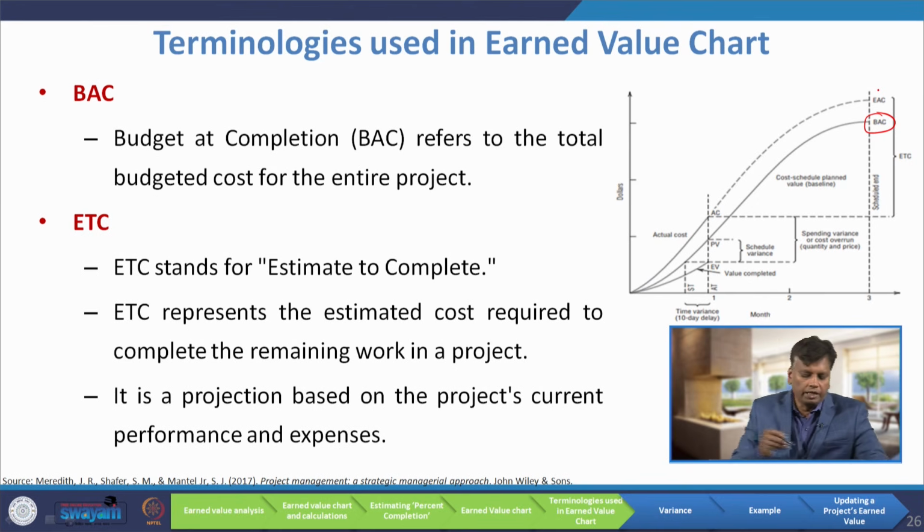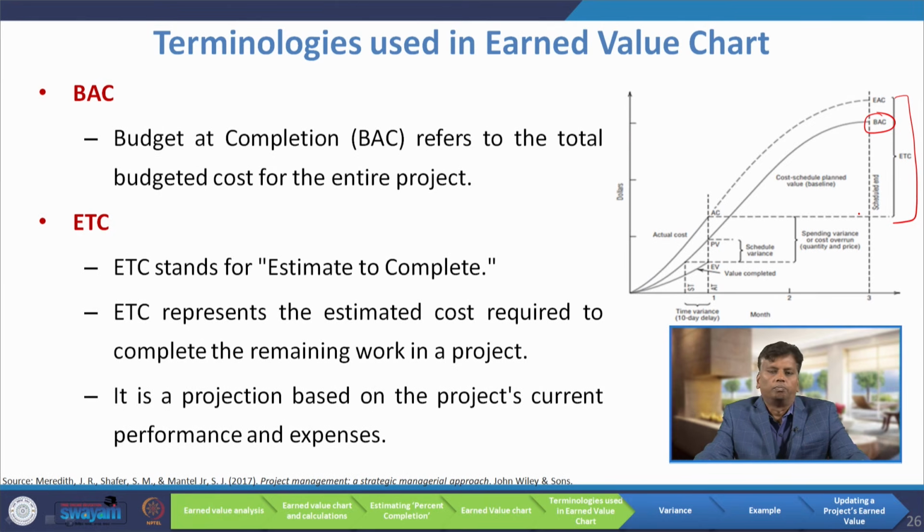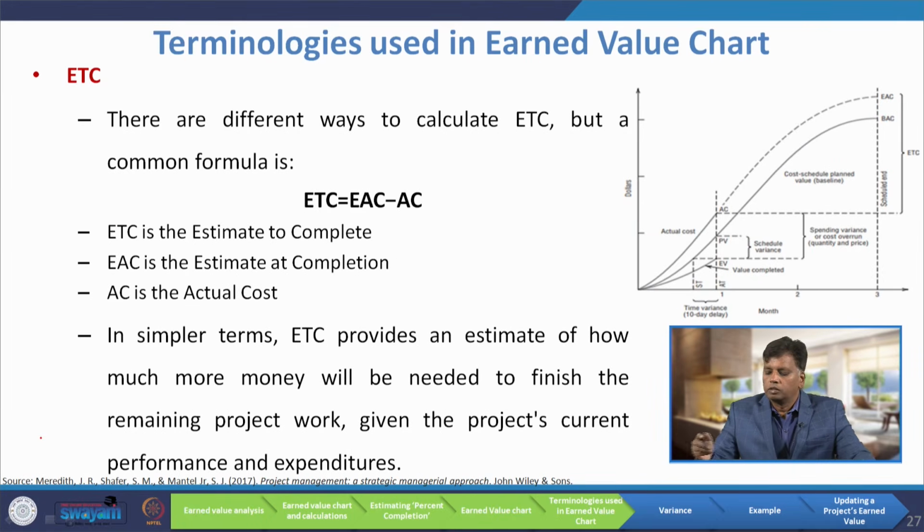The next term is ETC. ETC stands for estimate to complete. Estimate to complete represents the estimated cost required to complete the remaining work in the project. It is a projection based on the project's current performance and expenses. You see that? Currently you are here, this much cost. So, at the time of completion, how much cost is going to be incurred? That is called estimate to complete.